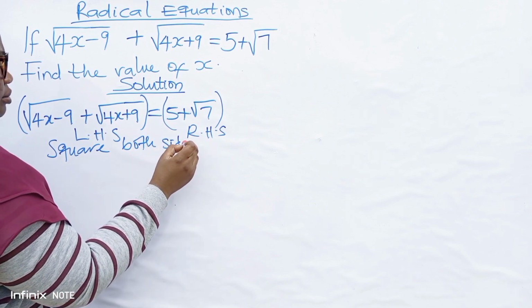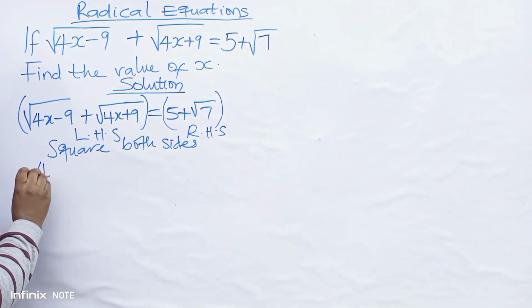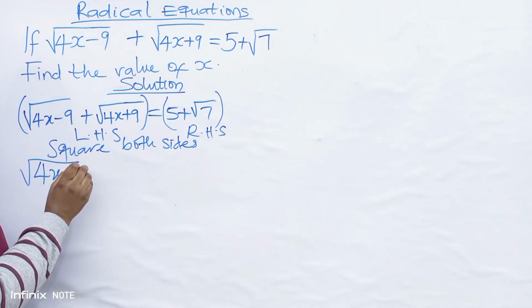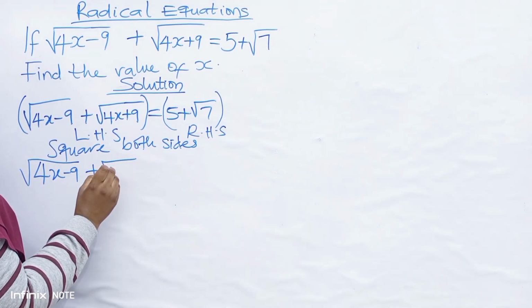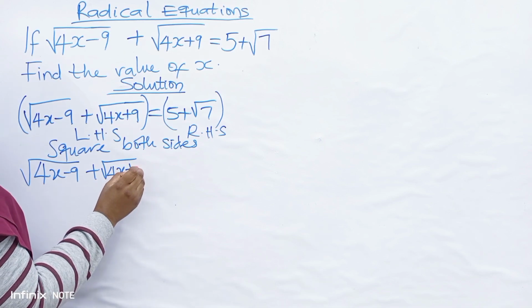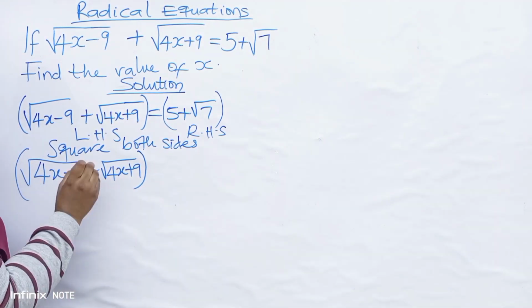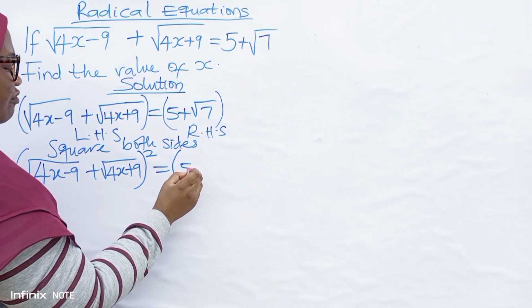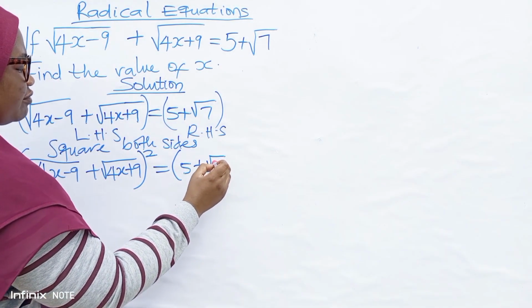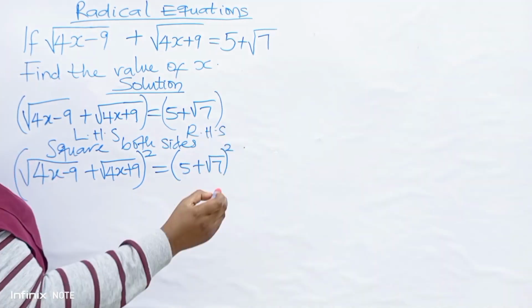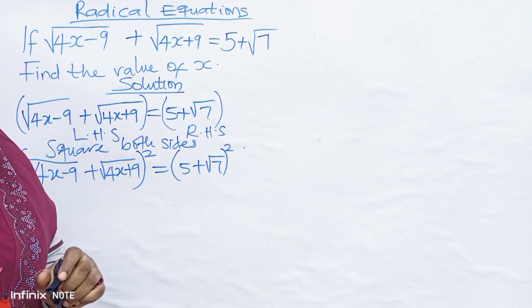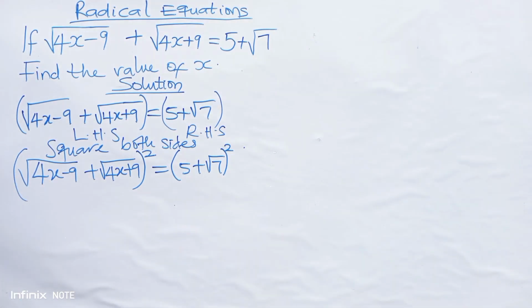So if you want to square both sides, it will now be: you square root 4x minus 9 plus root 4x plus 9, you square it all together, is equal to 5 plus root 7, you square this one. So that means you have squared both sides. What does this mean?